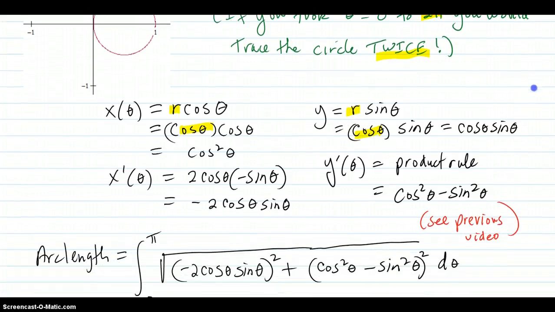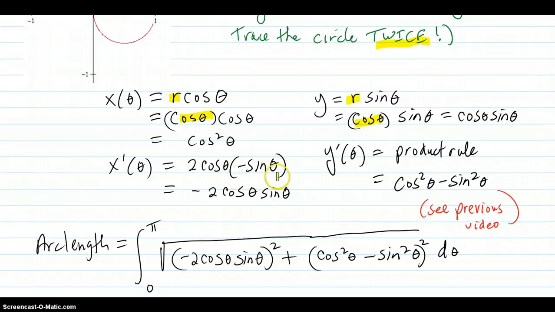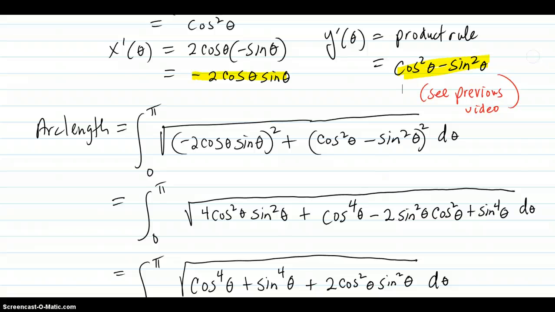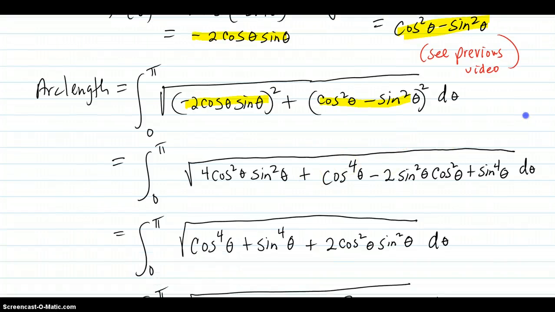So when you work those out and take the derivative, you're going to get this for the x prime, and on a previous video I showed that this product rule would come out to be cosine squared minus sine squared. So then just plug into the arc length formula. You just do x prime of theta squared plus y prime of theta squared, and it's d theta on the outside. You work all this out.